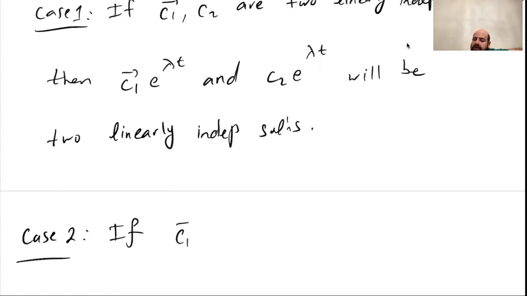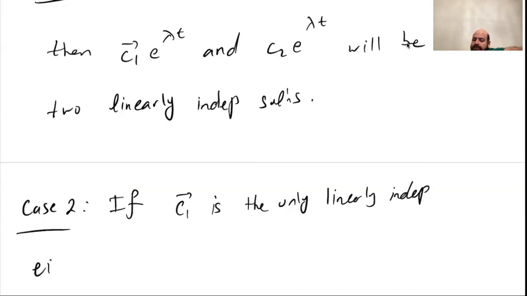So let's say C1 is the only linearly independent eigenvector corresponding to lambda, then what will be the 2 linearly independent solutions?